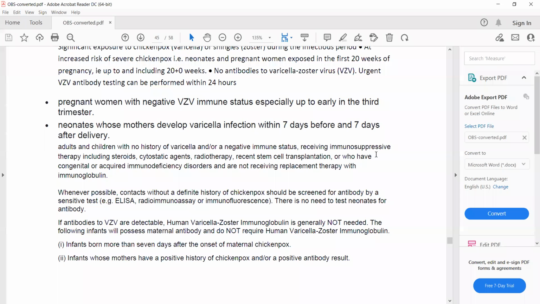These three categories need to receive varicella zoster immunoglobulins if they are exposed to varicella zoster virus. For adults, the exposure period is 2 days before the appearance of the rash and 5 days after the appearance of the rash. And for neonates, it is 7 days before the delivery and 7 days after the delivery.